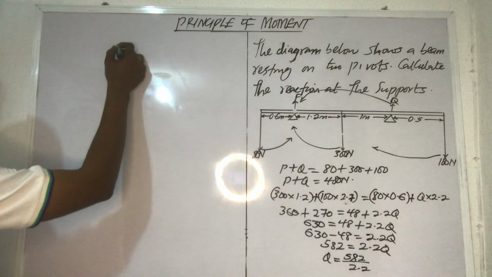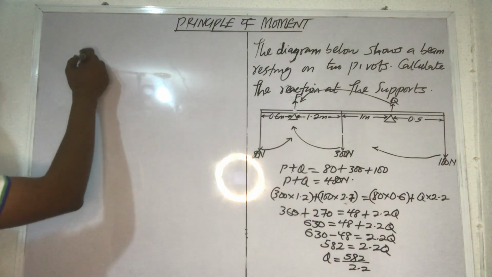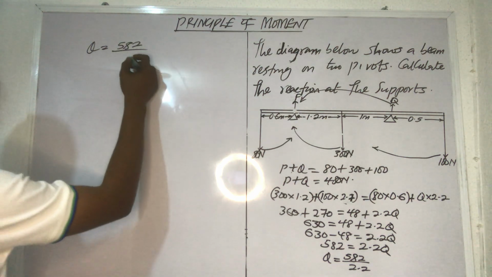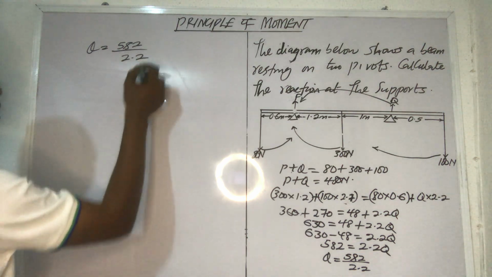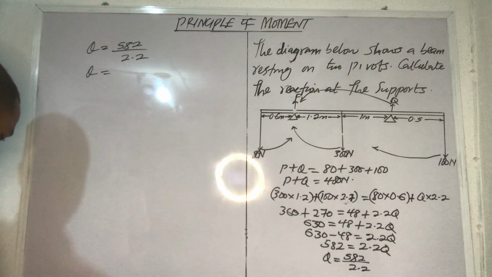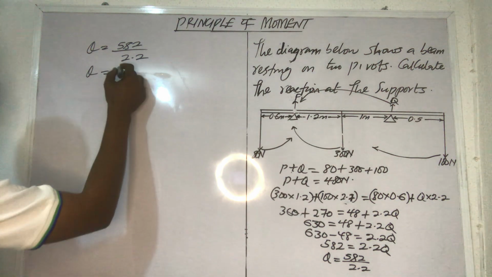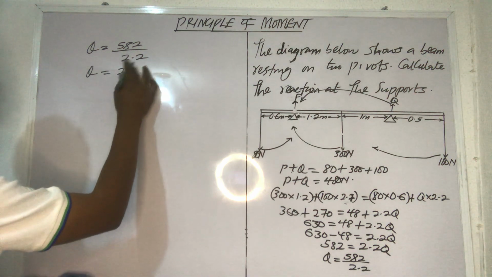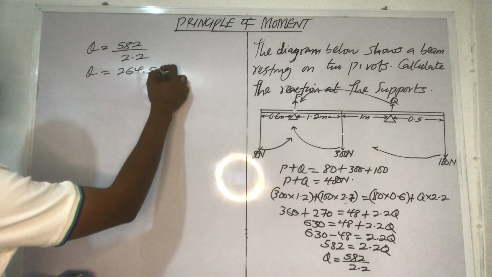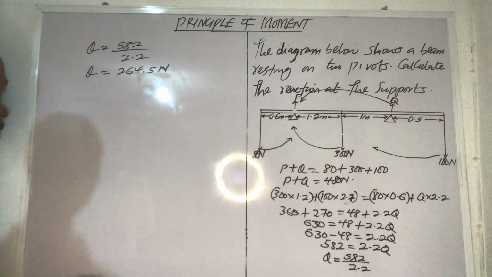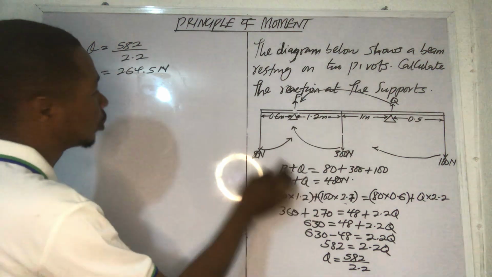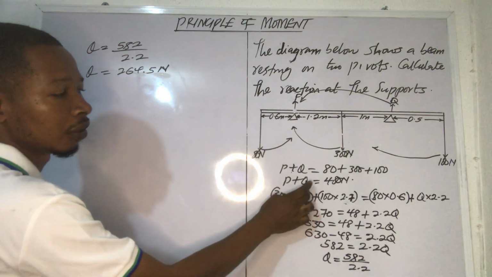So P is equal to 264.5 Newton. Then to get my Q now, substitute this P into this equation.